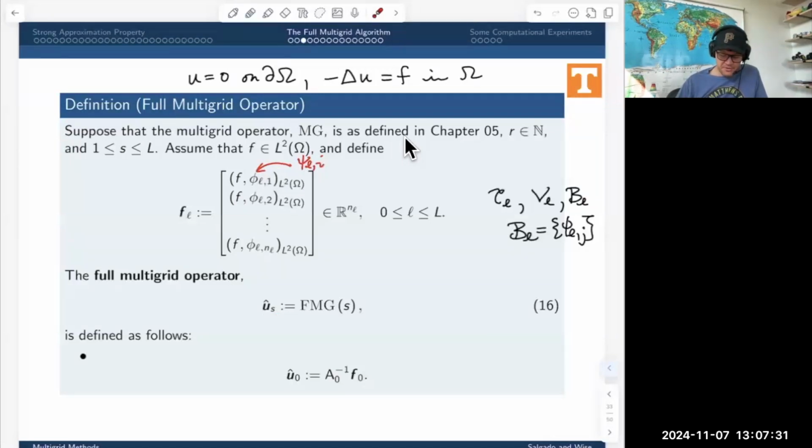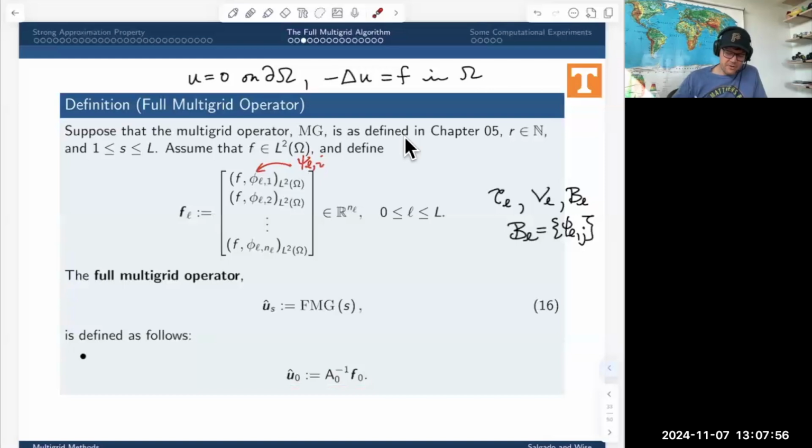If s is equal to 0, then we're simply going to define this via the inverse. Just invert the stiffness matrix. The reason we can just use the inverse is because this thing might only be a 2x2 matrix, something very, very small, or a 1x1 matrix, in fact, where we just divide by a constant.